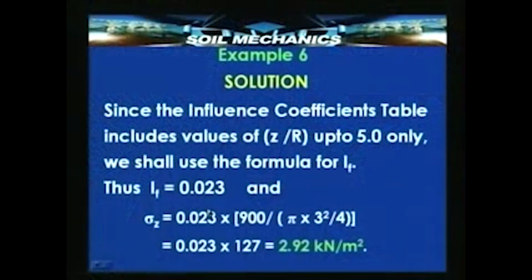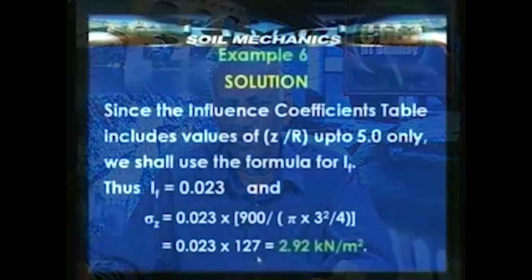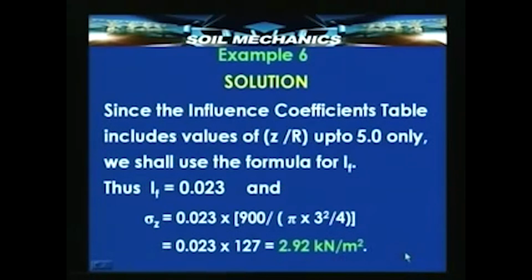So, with this it is possible to compute the influence factor, and you can get the influence factor as 0.023, and the stress as 0.023 times the load per unit area, which is 900 by pi d square by 4, which is in fact equal to 127. This will give you a stress of 2.92 below the center of the loaded area at a depth of 10 meters.